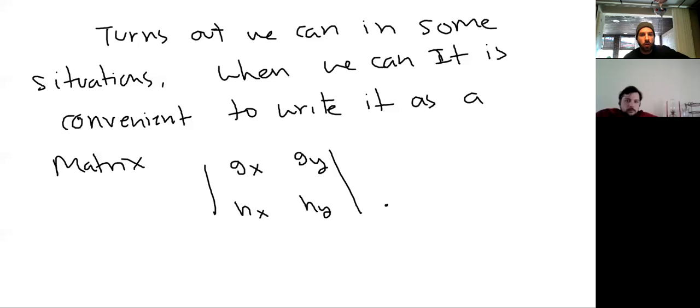That's not a knock on you guys. It's just that Calc 3 is not the place for it. But now I hope you'll see the connection a little, between jumping from one dimension substitution to this in 2 dimensions.